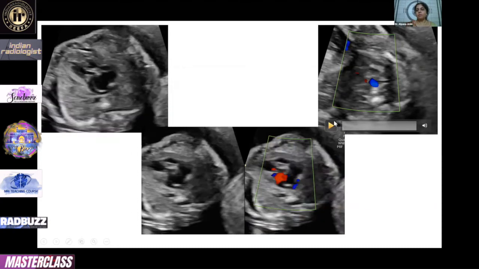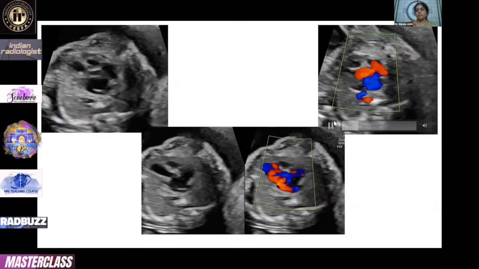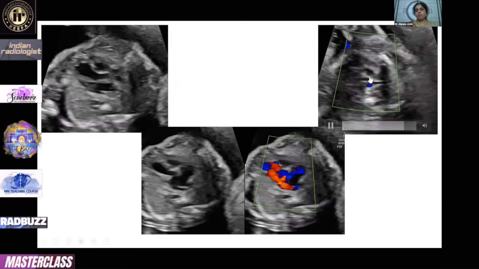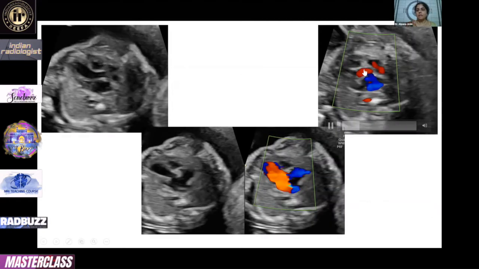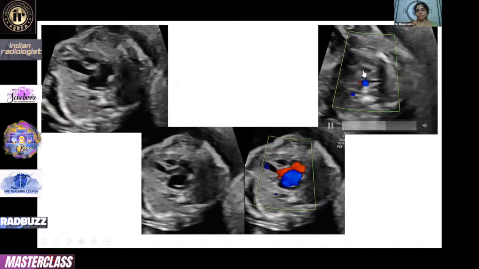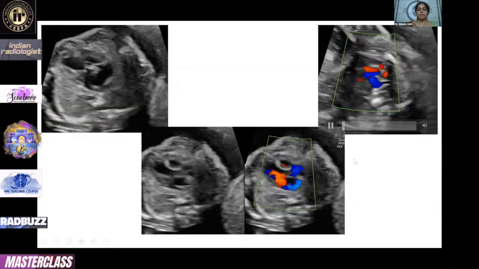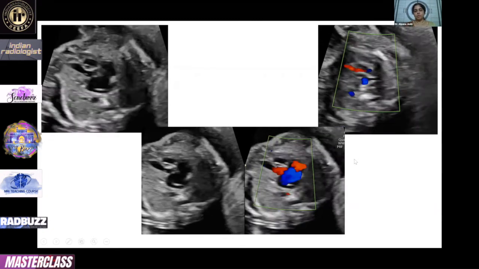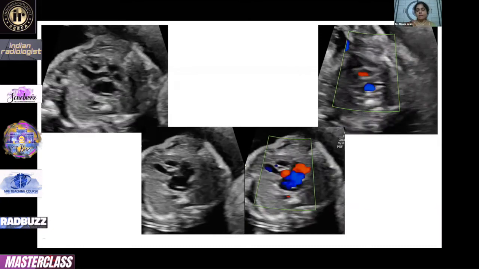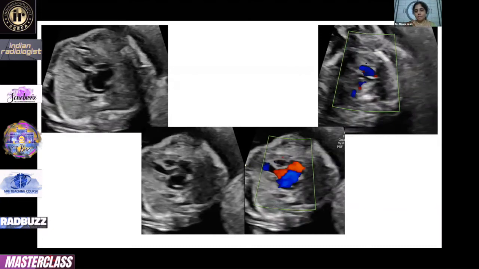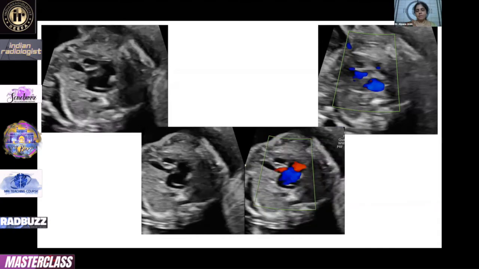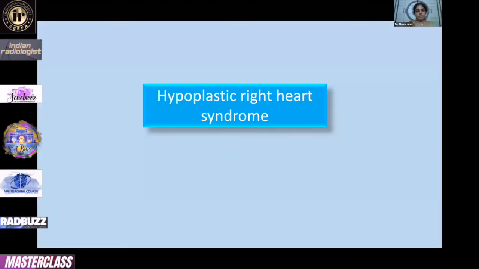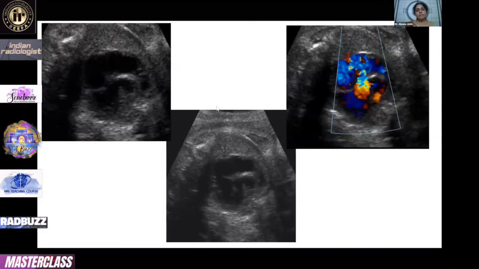And then if you look at the outflow tracts, you will see that there is retrograde flow in the pulmonary artery. This may be a typical case of hypoplastic right heart, which is not as common as the hypoplastic left heart, but this is hypoplastic right heart syndrome. With this, we come to a simple, straightforward abnormality.